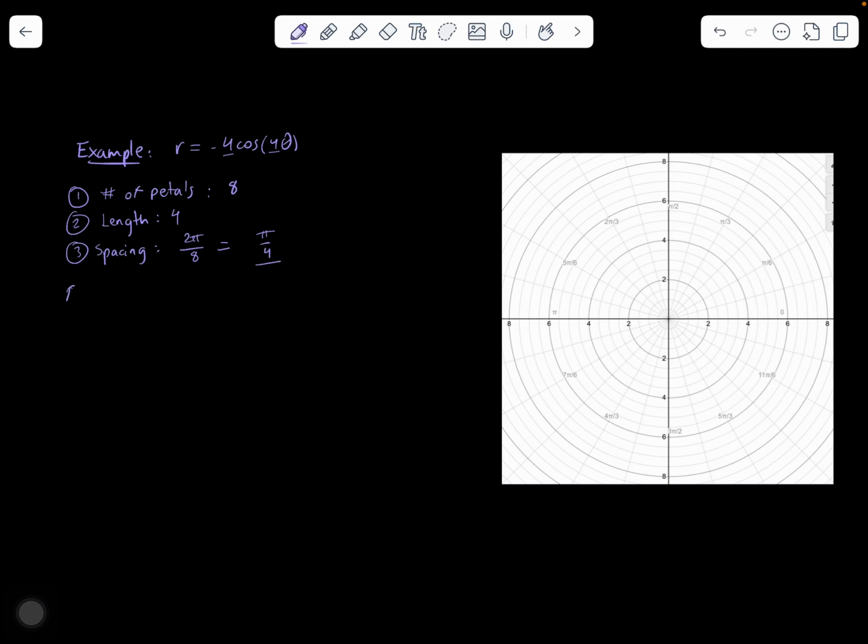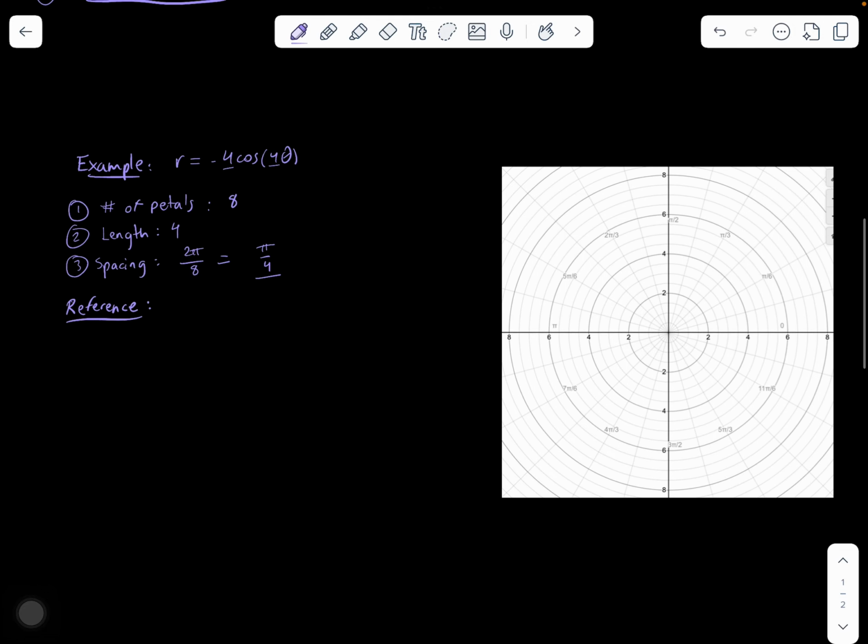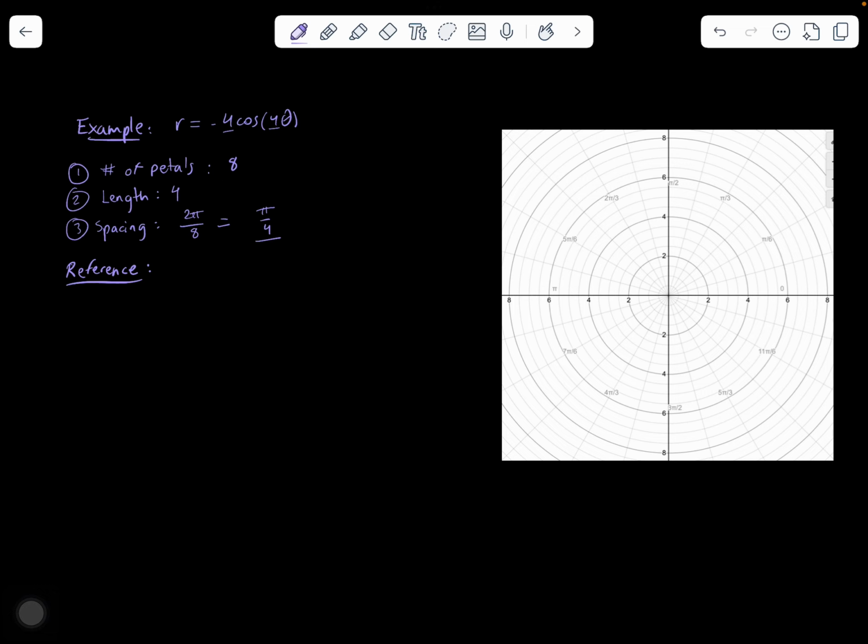And finally, we want to do our reference petal. And in order to find the reference petal, what we do is for cosine, if the function is cosine, we set the inside, which is 4 theta or n theta, equal to 0, because 0 is when cosine is at a maximum.